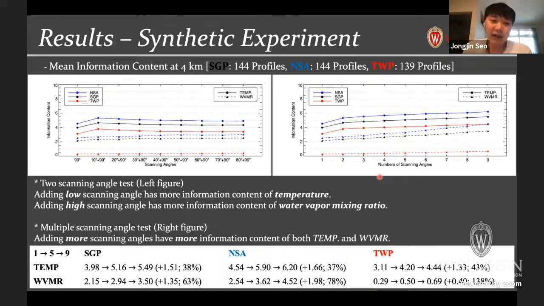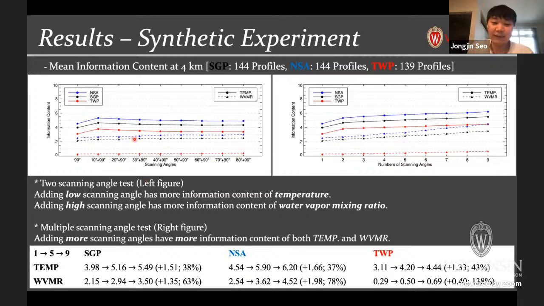So this is the summary of information content at synthetic experiment. These two figures show the mean information content at 4 kilometers from the two scanning angle test and multiple scanning angle test. The solid line is information content of temperature, and the dashed line is information content of water vapor mixing ratio, and blue is NSA, black is SGP, and red is TWP site.